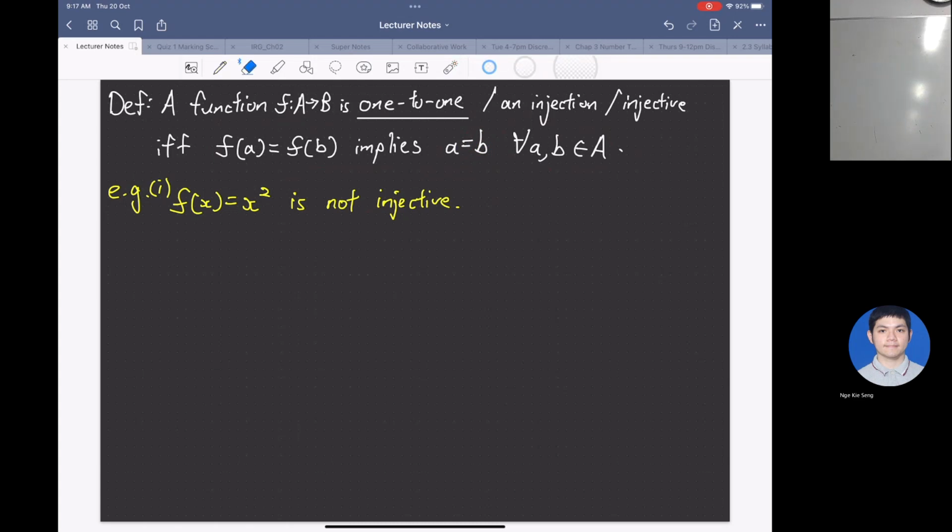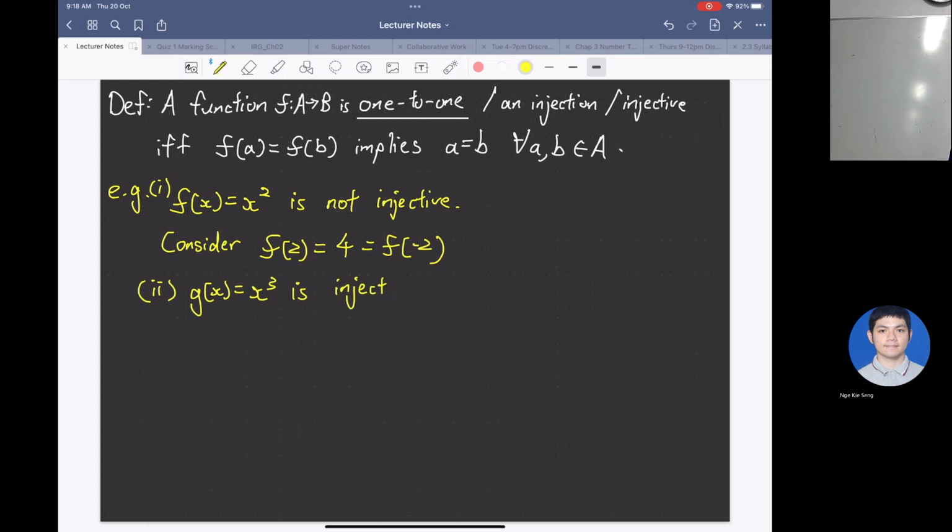So first we can just consider f(2) equal to 4, which is equal to f(-2). And then g(x) equal to x cubed is injective.